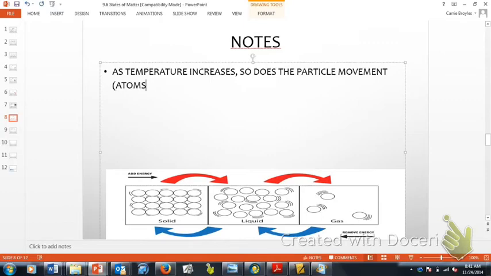And remember, we're talking about atoms here. Until it overcomes this force of attraction. We'll talk more about this force of attraction as we get talking more about atoms.